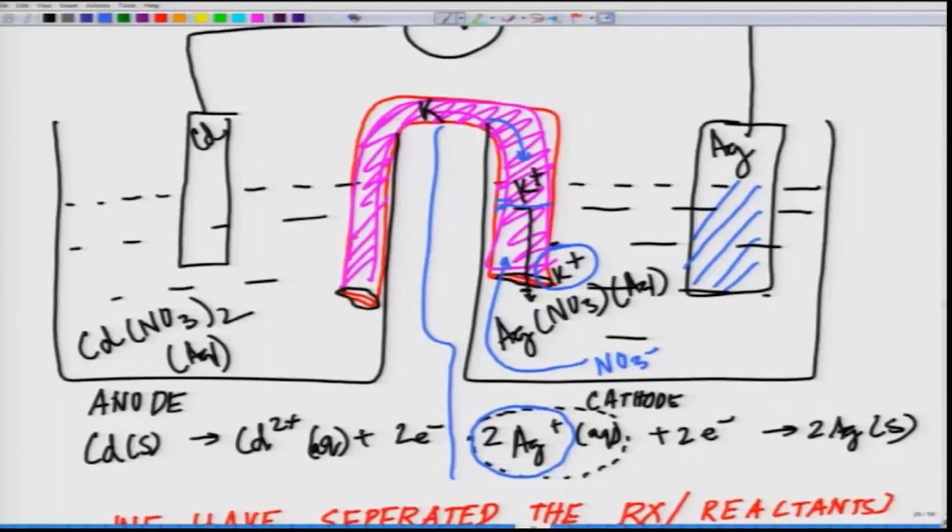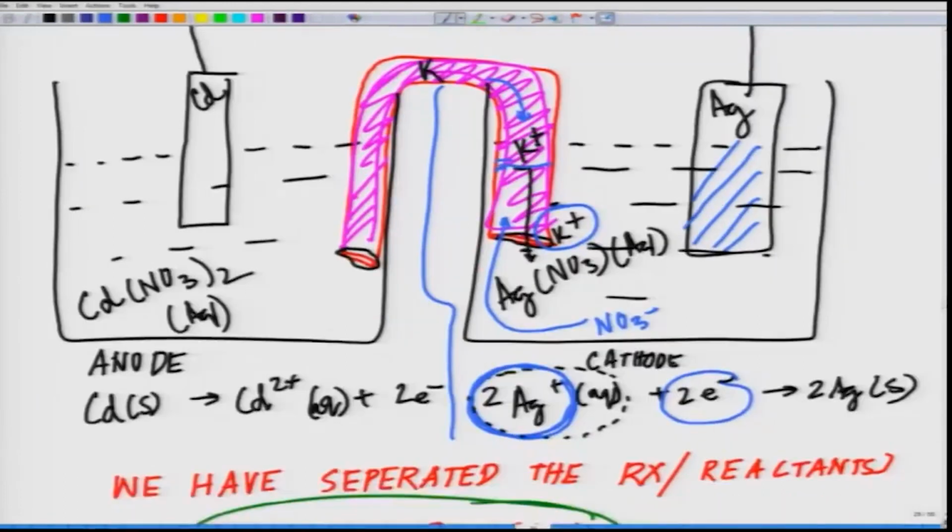On the contrary, if you look at the anode side, something very interesting is happening. As the cathode is pulling out some of the positive charges in order to maintain, why is it happening? Because out here, this Ag plus is getting reduced by the electrons which are coming from the cadmium side.